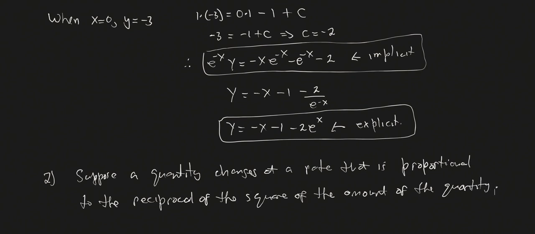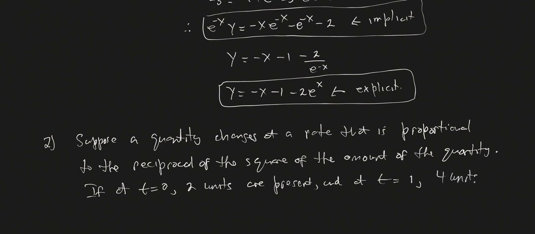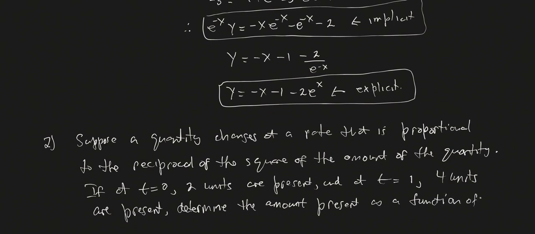Right, so suppose that is true. If at t equals 0, 2 units are present, and at t equals 1, 4 units are present, determine the amount present as a function of t.